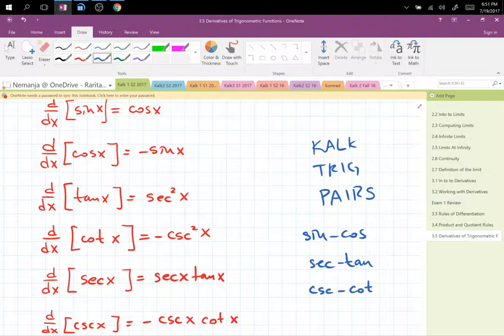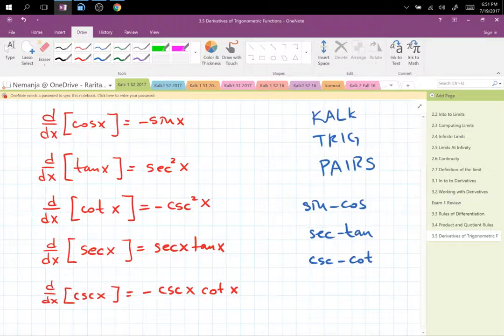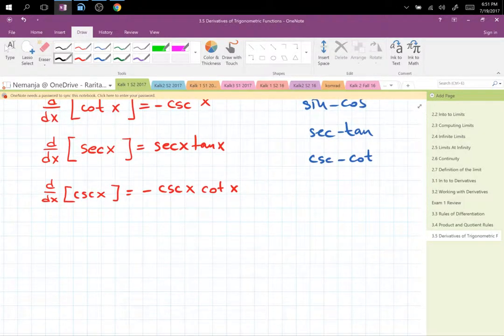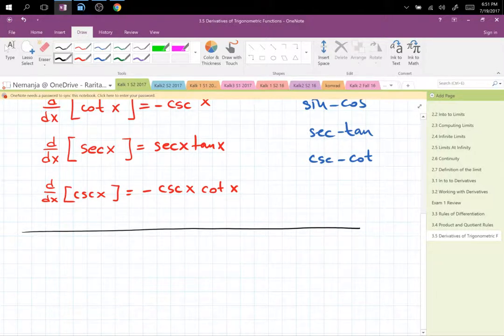And there are much better proofs for this in Calculus 2 when you hit power series in chapter 9. We can prove many of these in much better way than the limit definition. But let's take a look at the proof of sine, and then we'll work out a few exercises that involve product rule and quotient rule, and then move along.